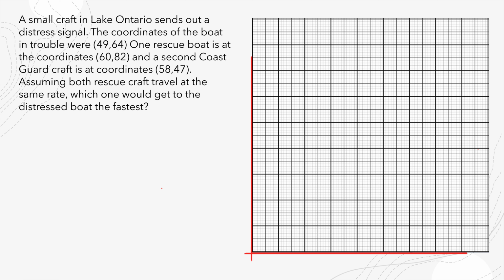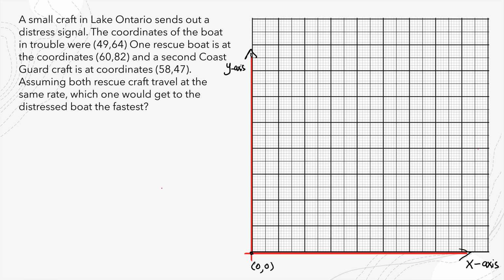I have the horizontal, let's write it as my x-axis, and the vertical is the y-axis here. And where these two lines meet is our origin, having the coordinates of 0 and 0. So we measure everything from a reference point, that is the origin.